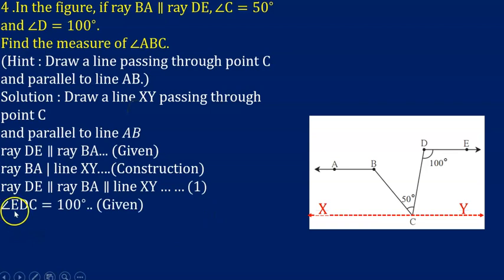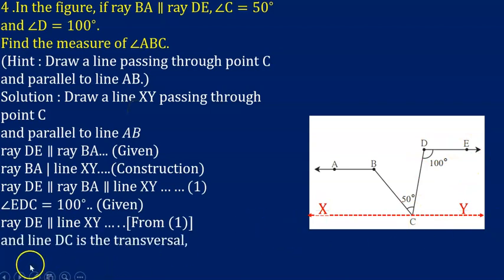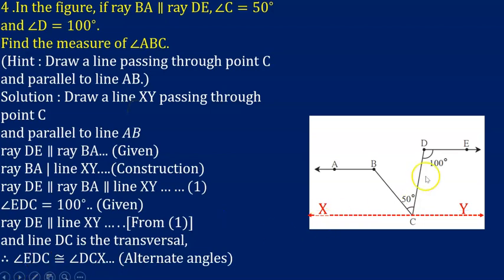Next, the measure of angle EDC is equal to 100 degrees. This is given. Ray DE is parallel to ray XY, and line DC is their transversal. Therefore angle EDC is congruent to angle DCX.